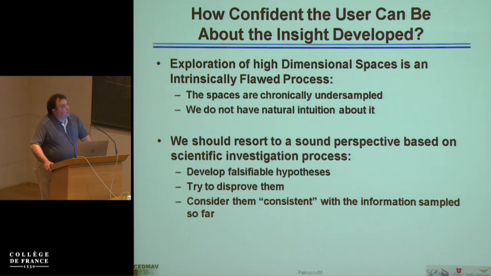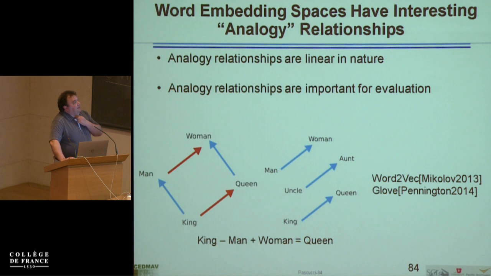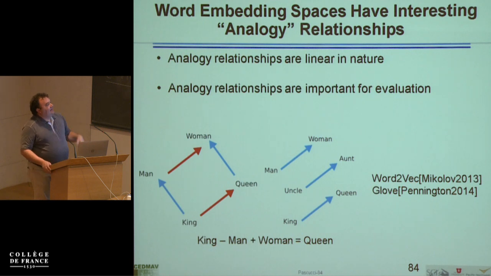So in a way, it's important to remain grounded in a very rigorous process where we draw conclusions, we make hypotheses, and then try actually to prove them wrong, and not just try to make it look exactly how we expected. That's a way you fool yourself. So here, for example, in this word embedding problem, there is this classical conjecture in the natural language processing community that there is this notion of analogy.